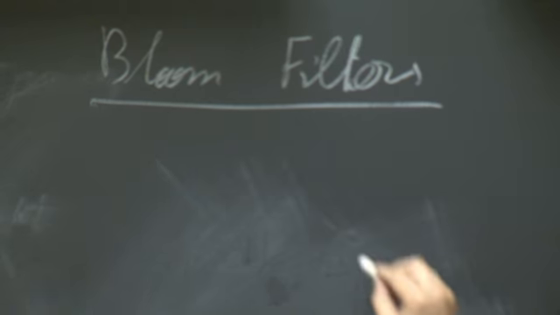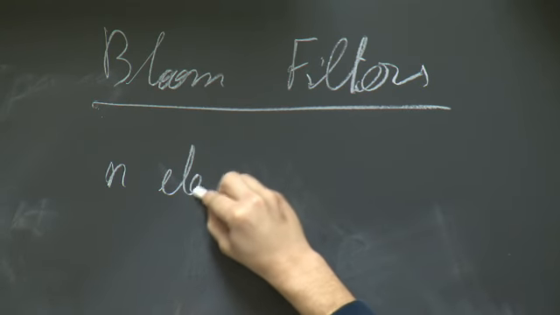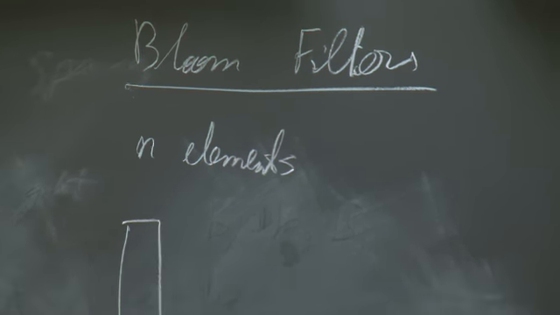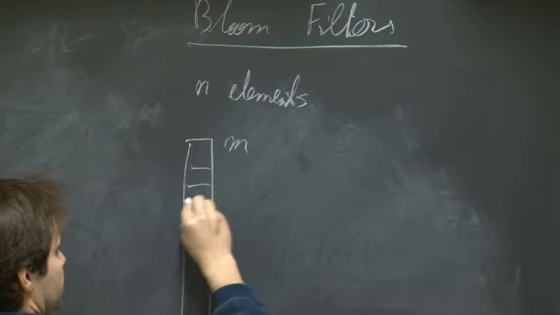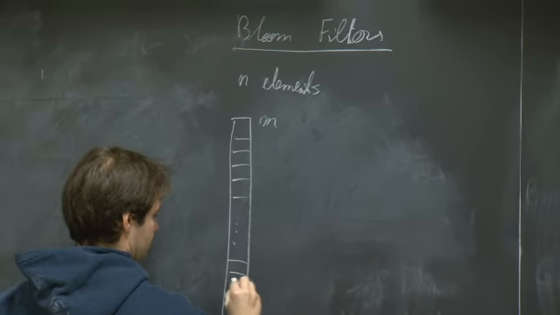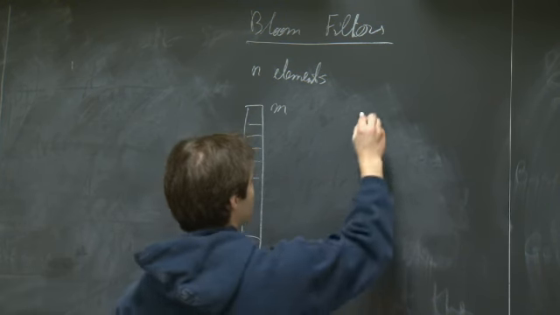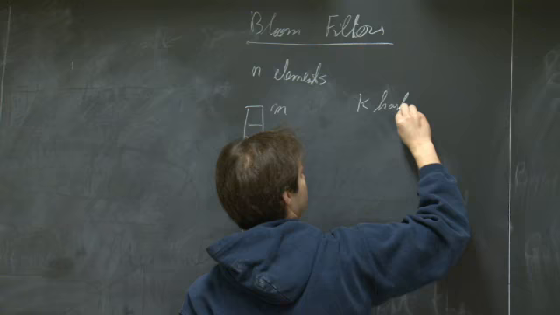So for Bloom filters, we still have n elements, and we still have a table of m bits. What changes this time is that instead of having one function, we have k hash functions.